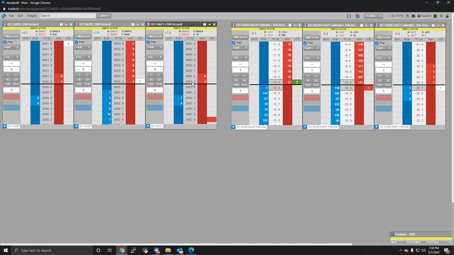So let's now start with the very fundamental concept of A plus B equals C, and we're going to zero in on these calendar spreads here and discuss A plus B equals C.